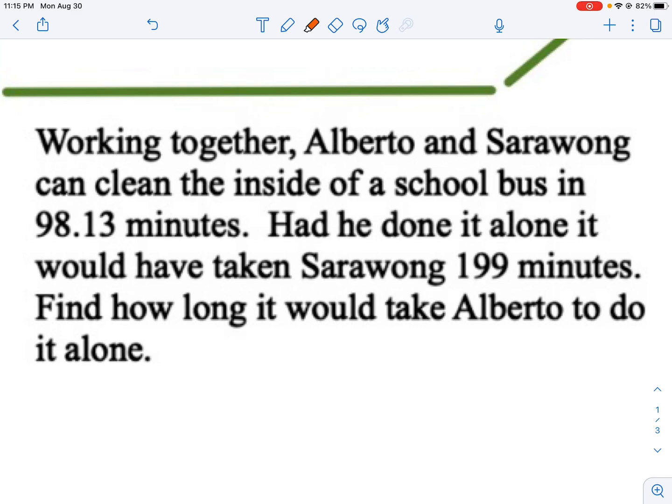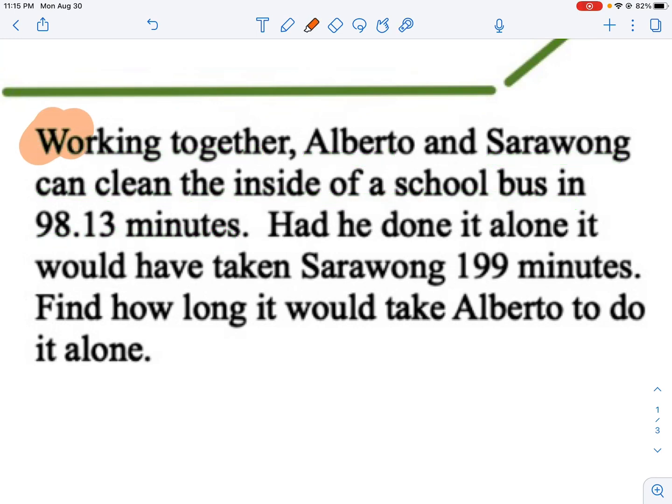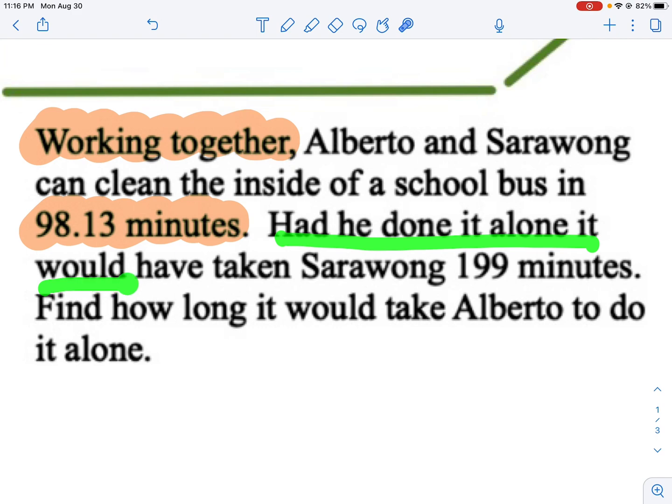It says, working together, Alberto and Sarah Wong can clean the inside of a school bus in 98.13 minutes. Had she done it alone, it would have taken Sarah Wong 199 minutes.